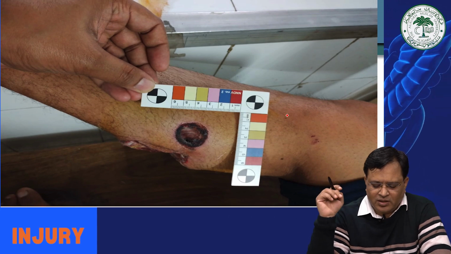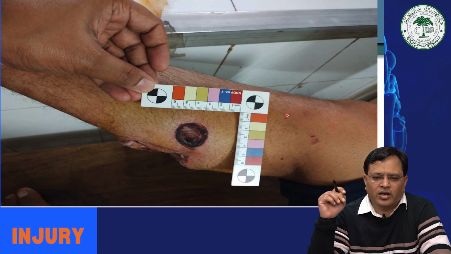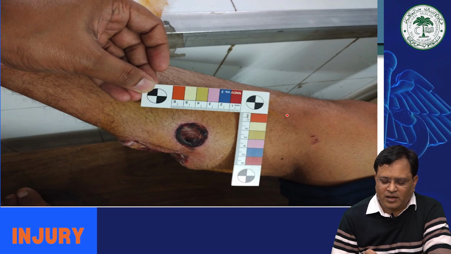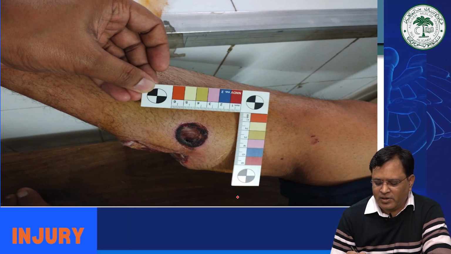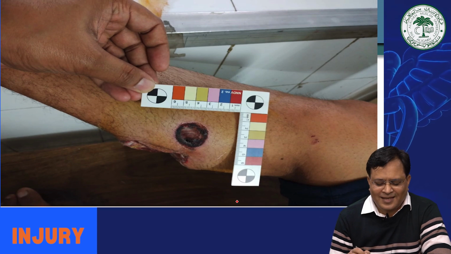This is one of the ways, which I was telling earlier in the gunshot, of taking photographs of the injuries: the L-shaped scale.